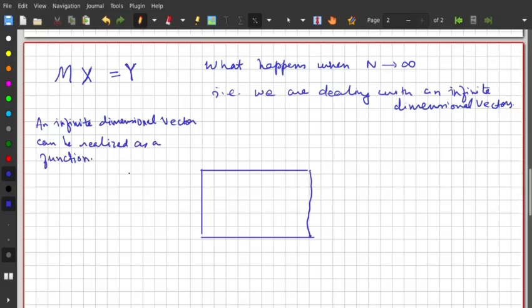Given that this realization we have, we can think about operators that take infinite dimensional vectors, or let's say it takes a function as an input. This is now continuous. Now you see what it is taking. It is taking a continuous object. So it's infinite dimensional in that sense, and it gives out a function as an output, g of x, and that is what we mean by operator.